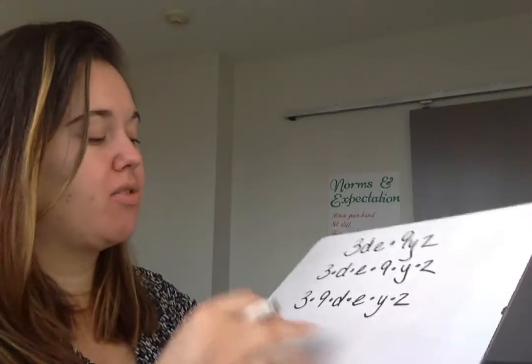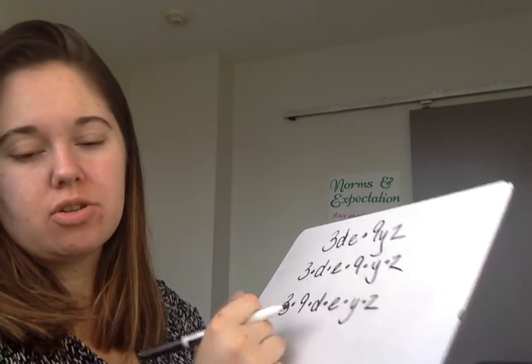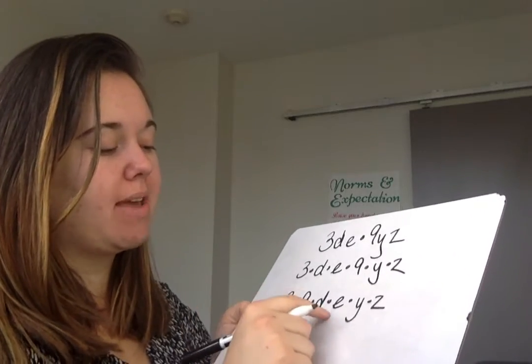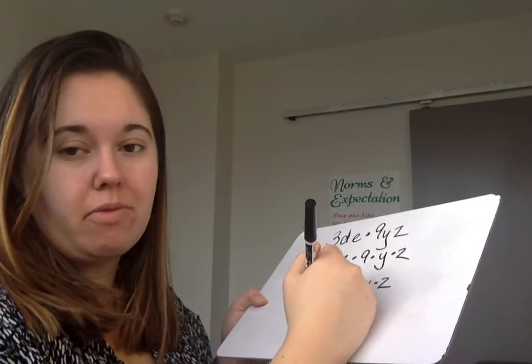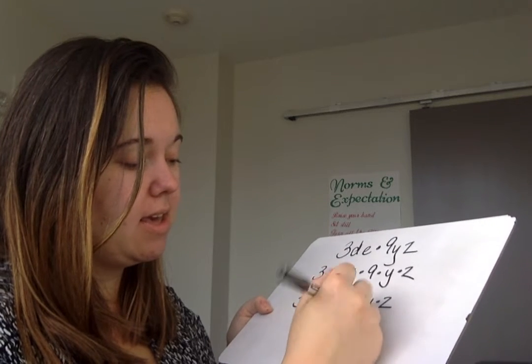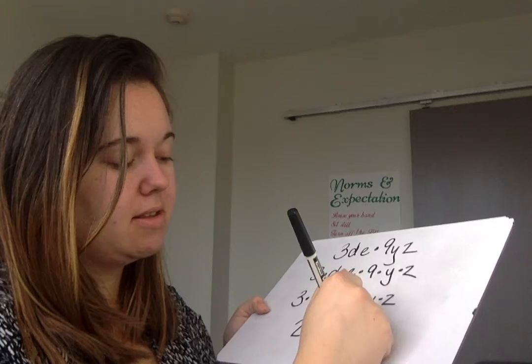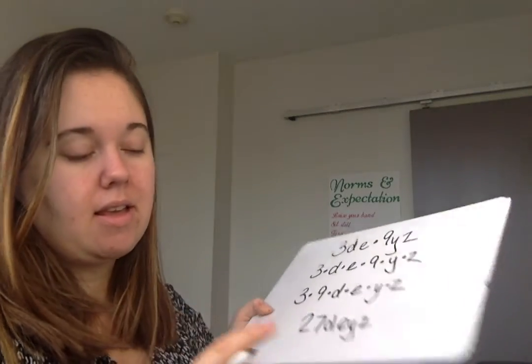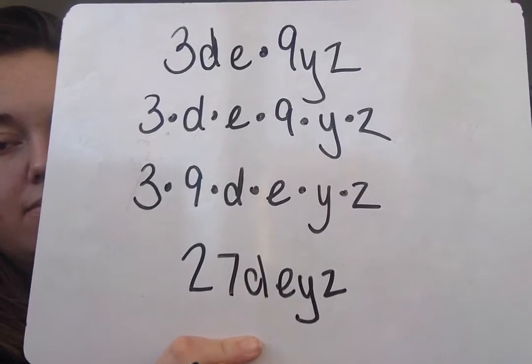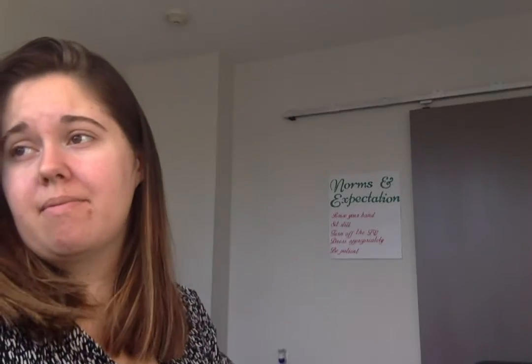So we can say, okay, 3 times 9 is how much? 27. And then we don't need all these multiplication symbols here because we're working with variables. So it's 27 d, e, y, z in alphabetical order. 27 d, e, y, z. All right?